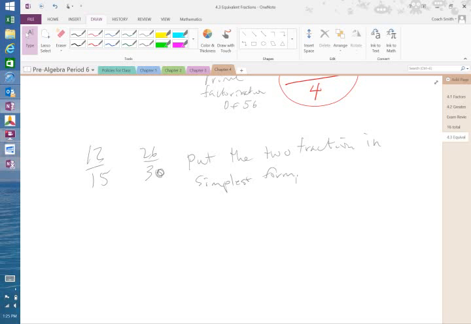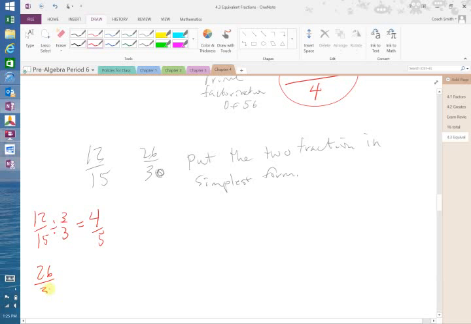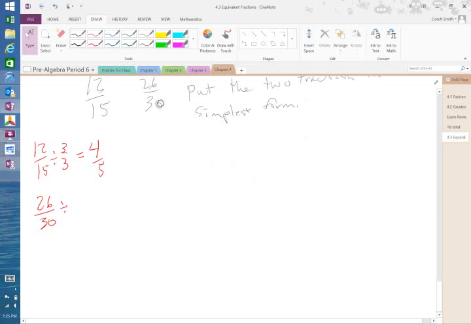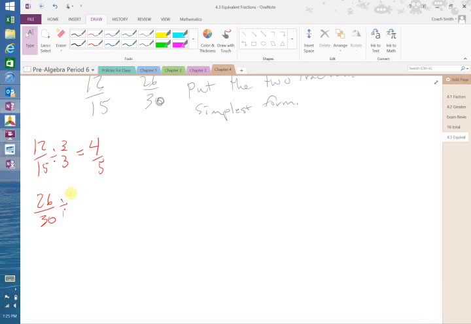So what is 12/15 in simplest form? Joshua? 4/5. Yep, 4/5. Now to get 4/5, you take 12/15 and divide it by what, Joshua? 3/3. That's where you get the 4/5. 26/30, we divide by what? 2.